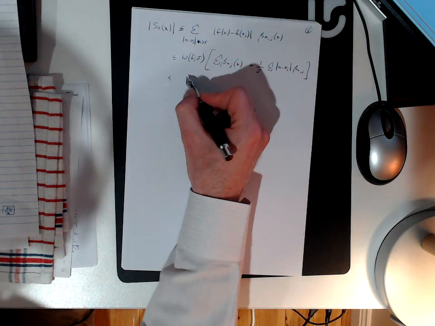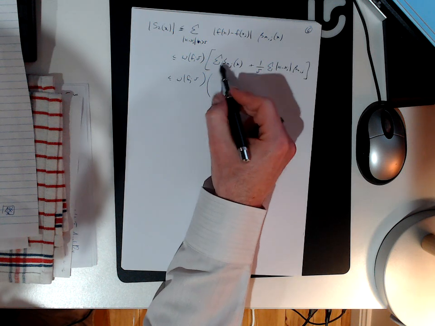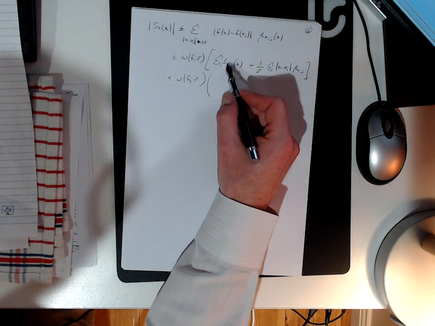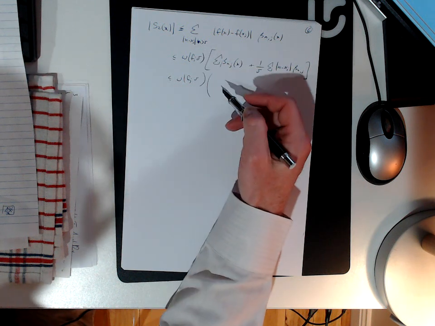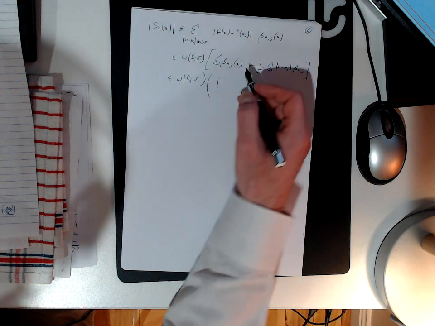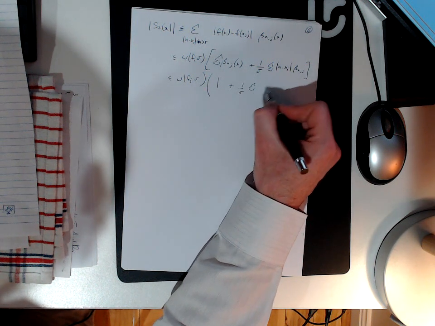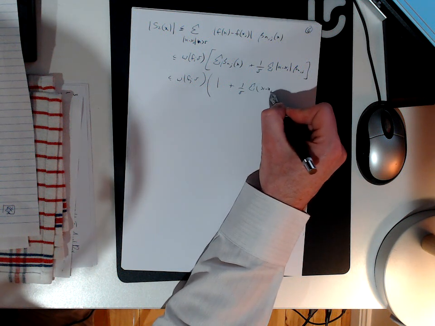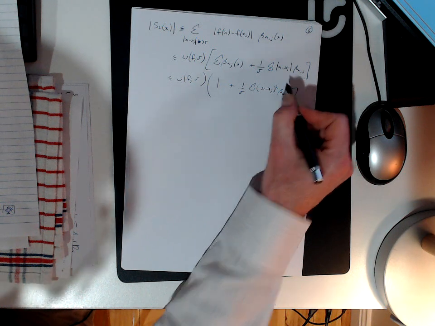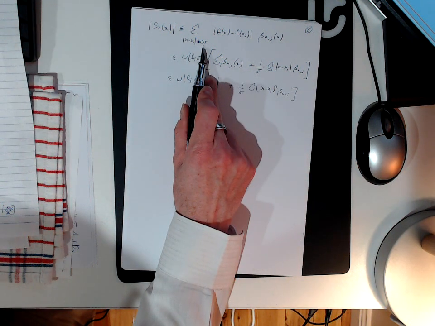And this is less than or equal to the modulus of continuity times 1 plus 1 over delta times the sum. Well, the absolute value will certainly be less than the square. Why is that true? Because the difference between these things is bigger than delta.